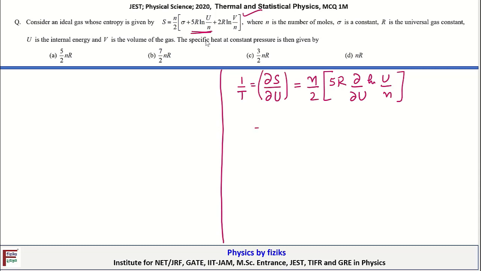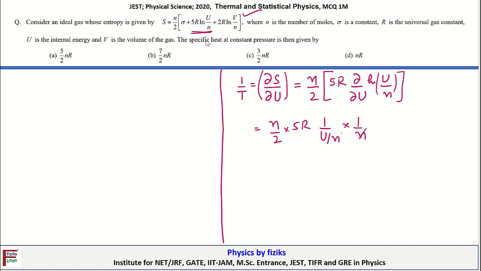So this is equal to N/2 into 5R, and then its differential, that is 1/x, so this is equal to 1 divided by U/N, and then again the differential of U/N with respect to U will give you 1/N. And that's it.